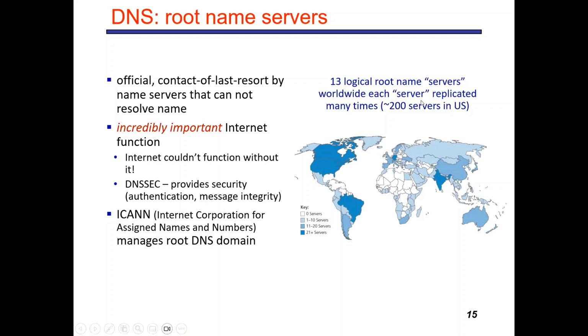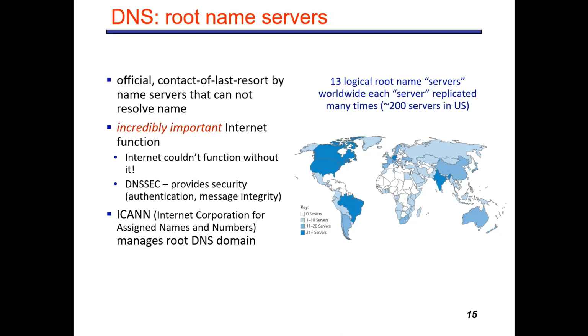So approximately 200 root servers are there only in the United States. So you can imagine how many root servers there are in the whole world. The reason is this replication, so that the load can be distributed, and there is no single server on which the whole infrastructure is relying, right?